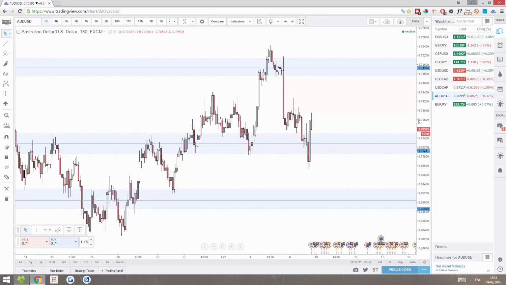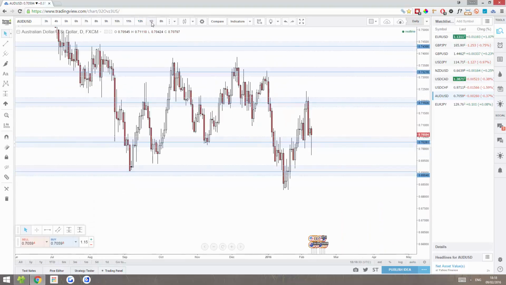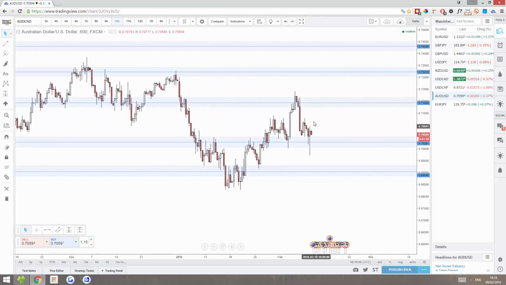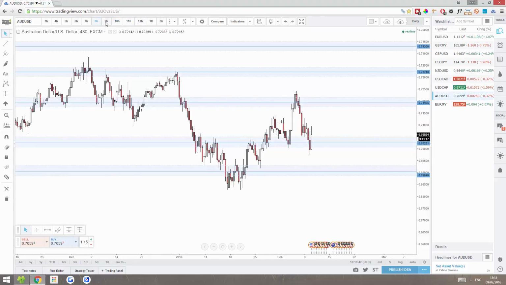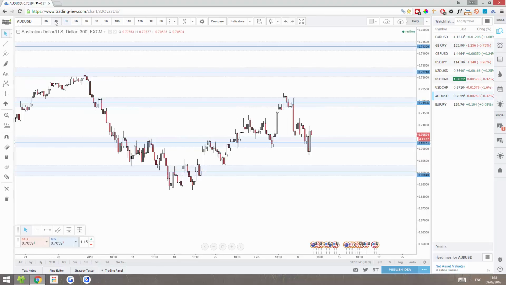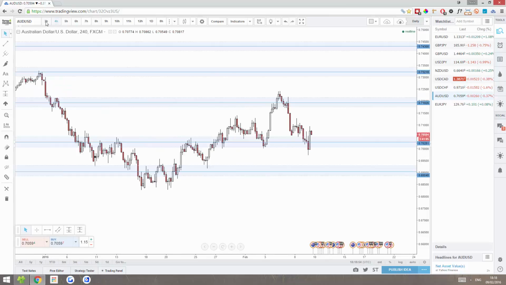AUDUSD. It's on a support area, but it's been a bit too volatile, so I don't really see potential to take a trade here. Because I trade based on price action, I would have to place my stop based on price action, and that stop is just going to be way too low. If there was even a setup here, which there kind of isn't.